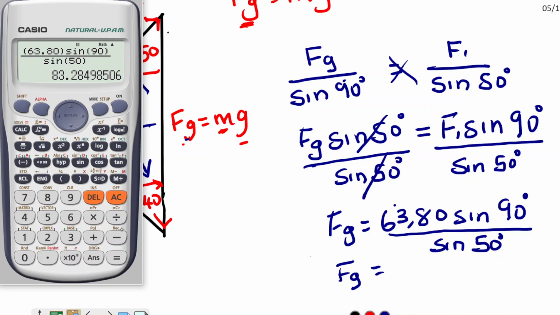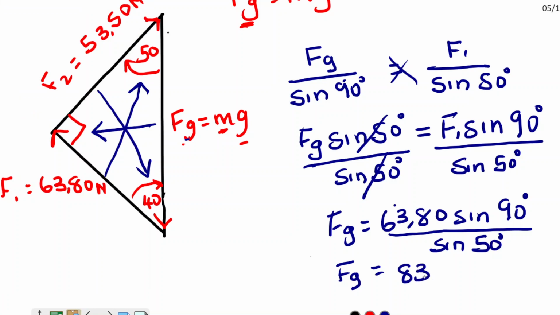So I have 83,28. 83,28 newtons. So that is the value of FG.